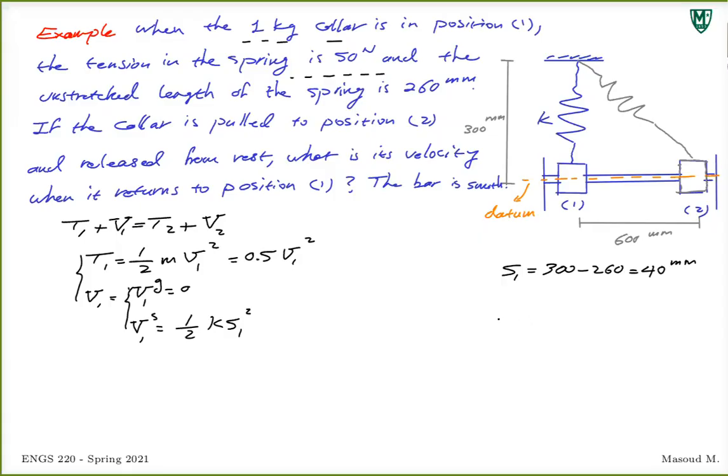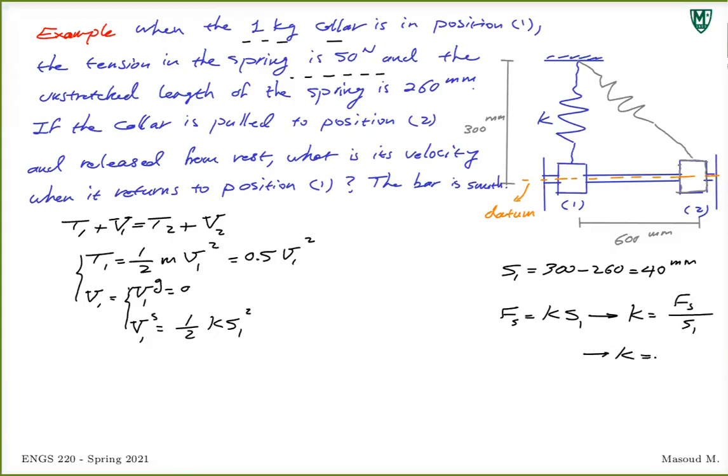We have to find K, the stiffness of the spring. Force in the spring is stiffness times how much the spring is stretched or compressed. So Fs is equal to K S1. I know S1 now, it's 40 millimeters, and I know Fs is 50 newtons in the spring at this position. So I can find the spring stiffness: K is Fs over S1.